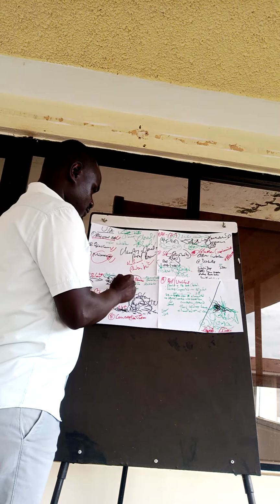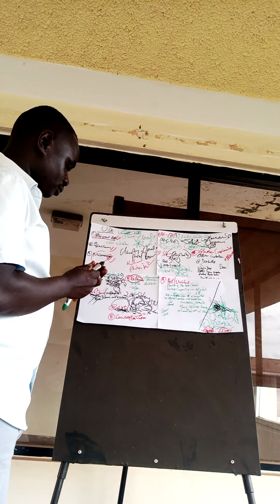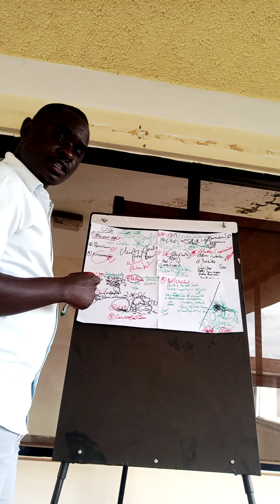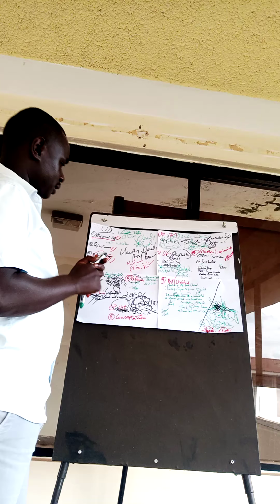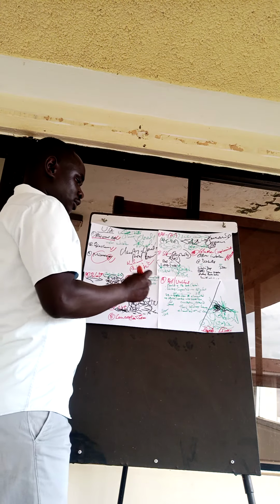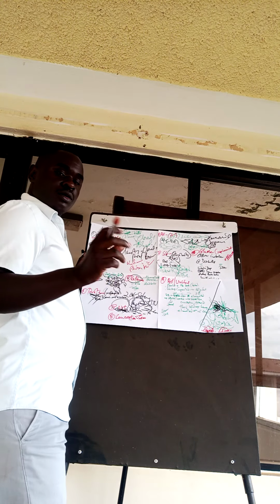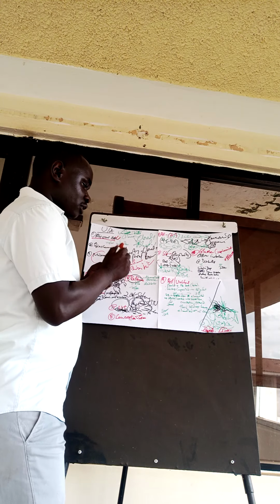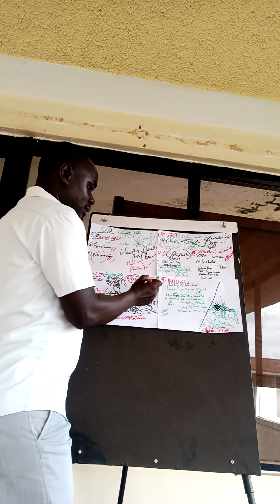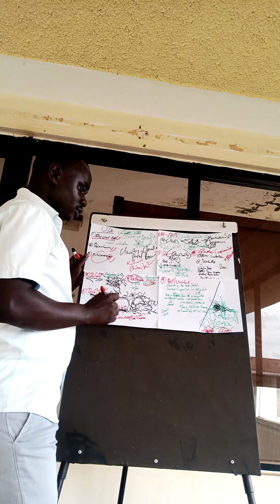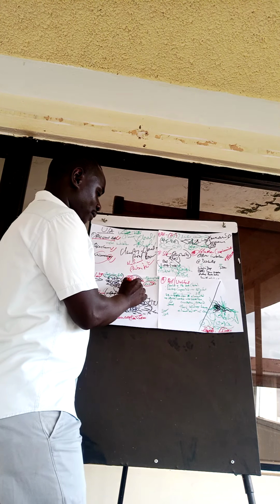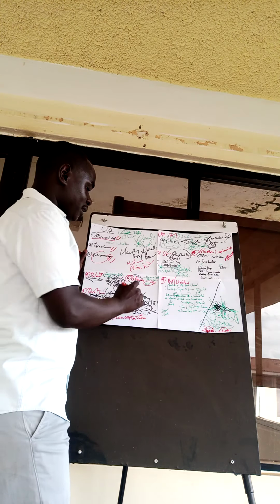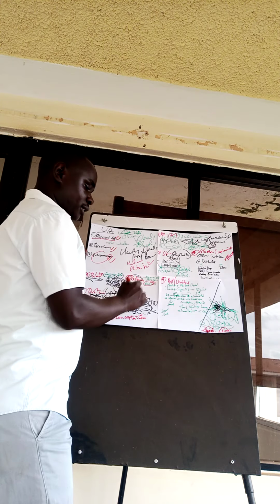We have ketone. Presence of ketone in urine is known as ketonuria. Ketone is always an alternative source of energy. One, the presence of ketone can be an indication of diabetes, specifically diabetes type 1, where I have said that there is no insulin.